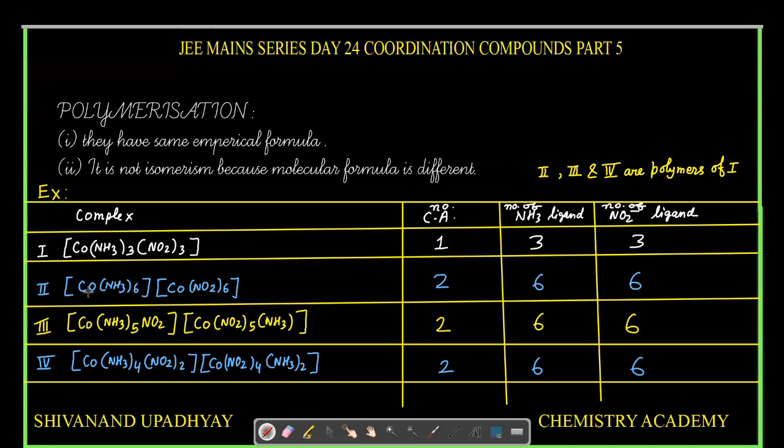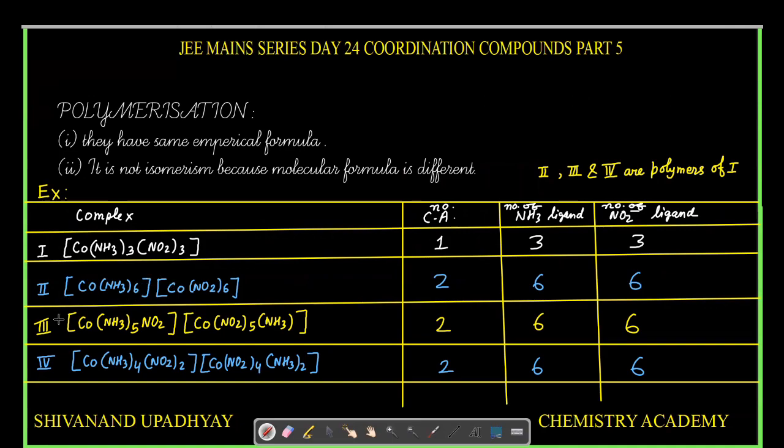Now the second complex has 2 cobalt atoms, 6 ammonia molecules, and 6 nitrite ions. If you take the ratio of central atom to each type of ligand, this is 1:3:3 only, right? So the empirical formula will be the same.